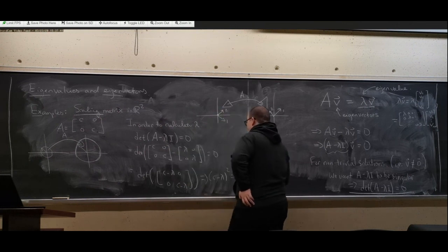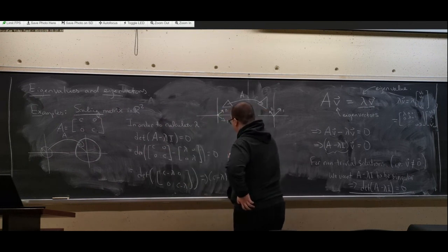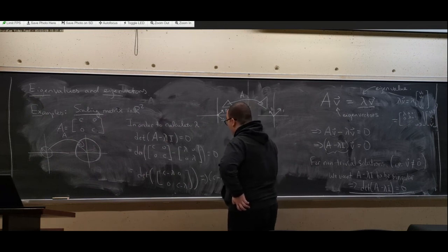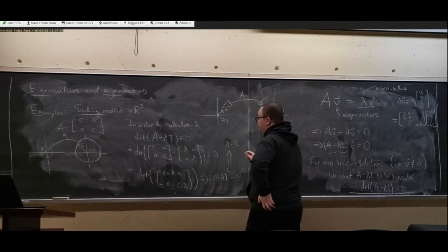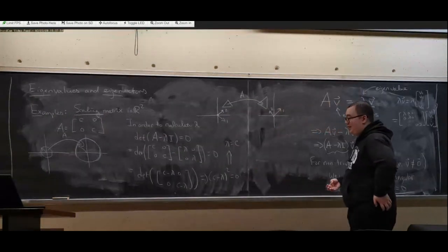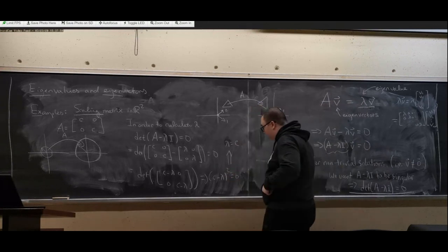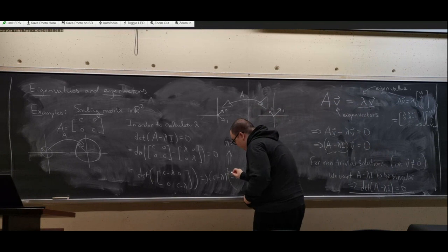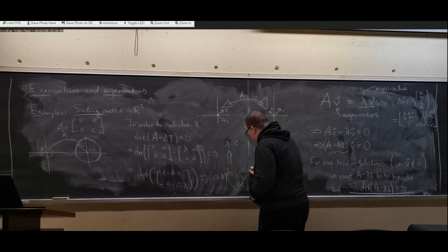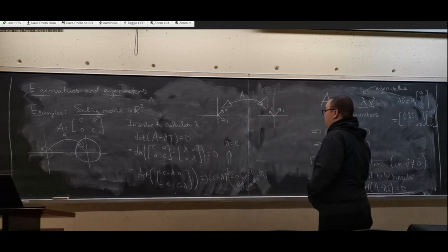Which implies that lambda equals C with multiplicity 2 in this case. This multiplicity here is called the algebraic multiplicity.